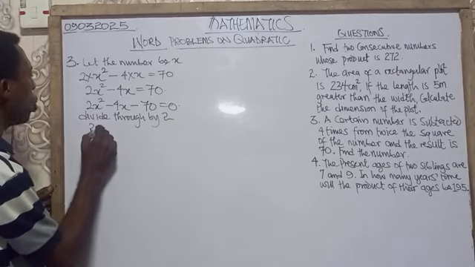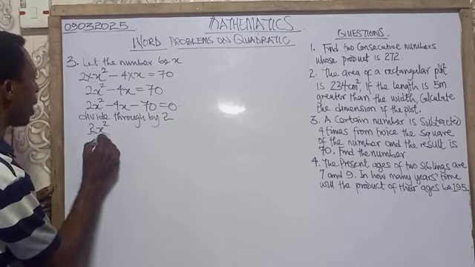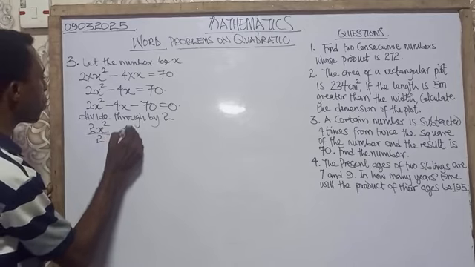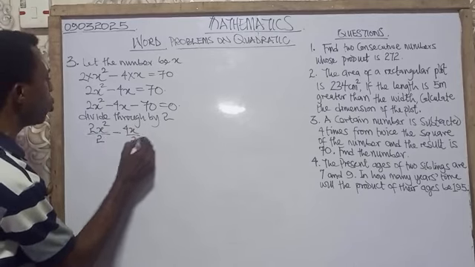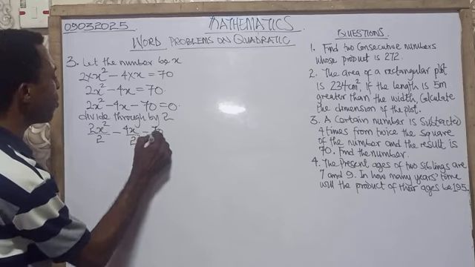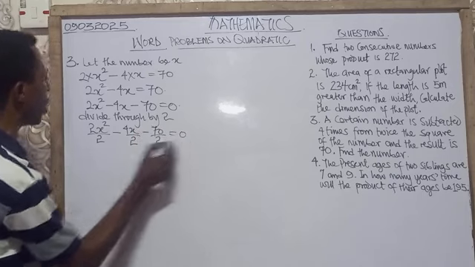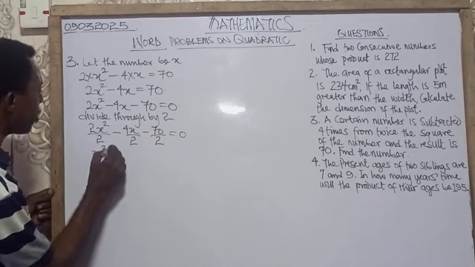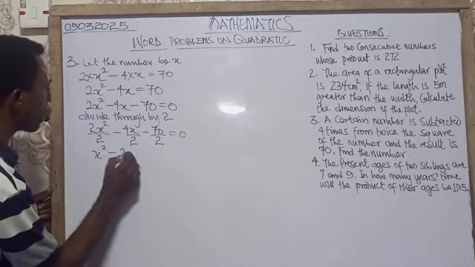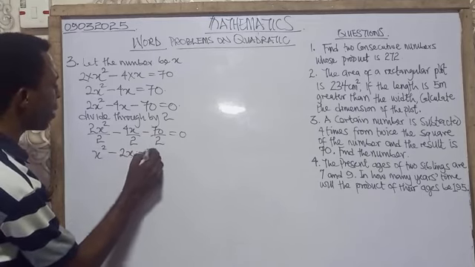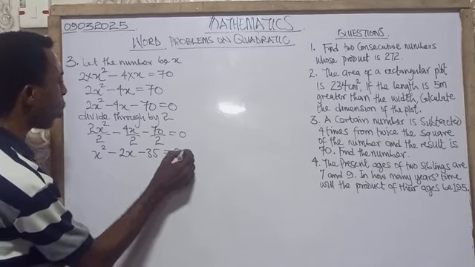That will be 2x squared over 2 minus 4x over 2 minus 70 over 2 equals 0. So we have x squared minus 2x minus 35 equals 0.